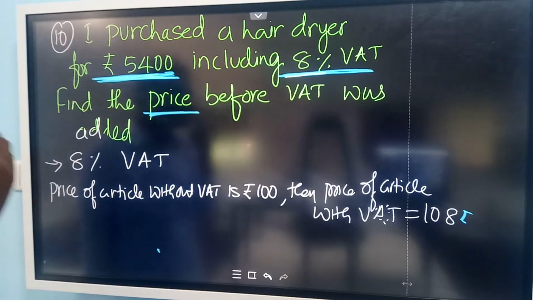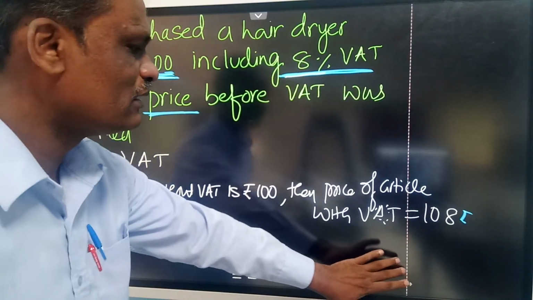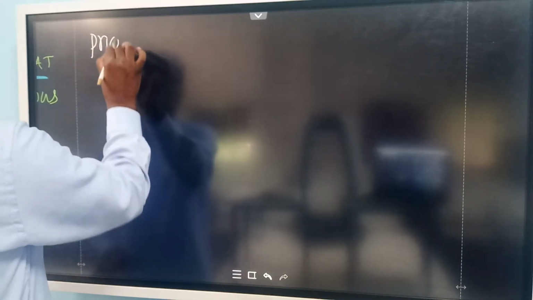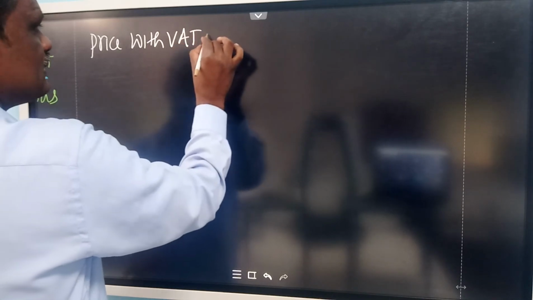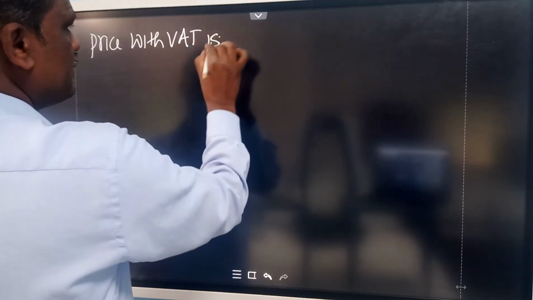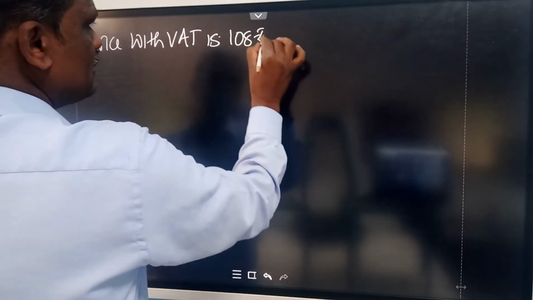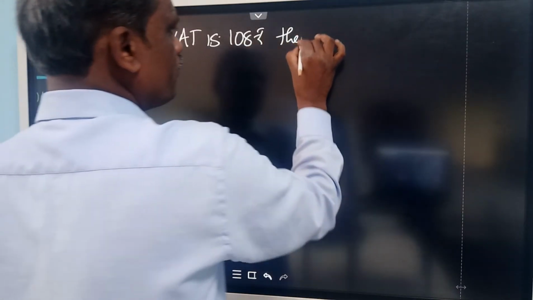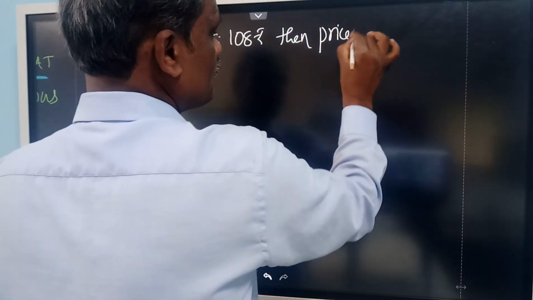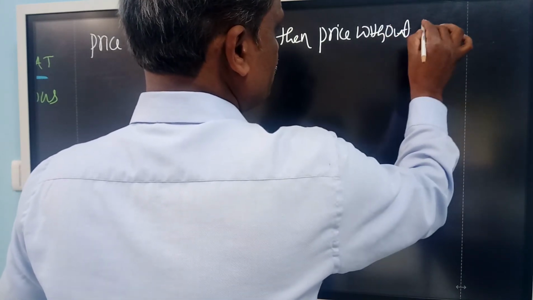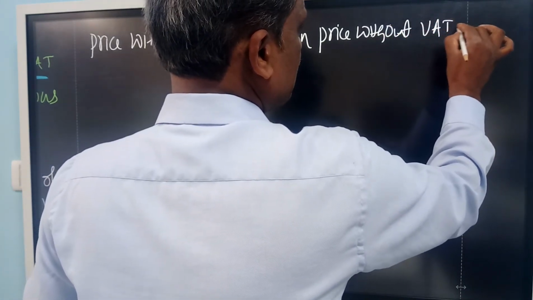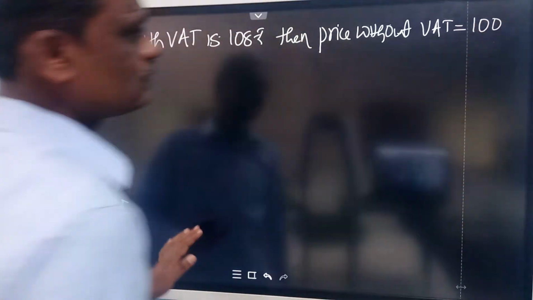So let us change the order of writing this. Price with VAT is 108 rupees. Then price without VAT is equal to 100 rupees.